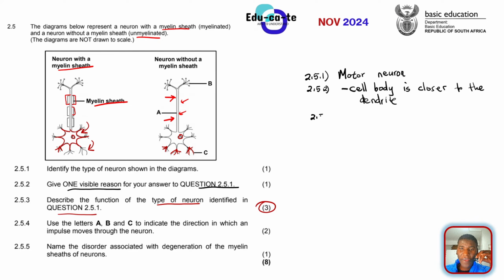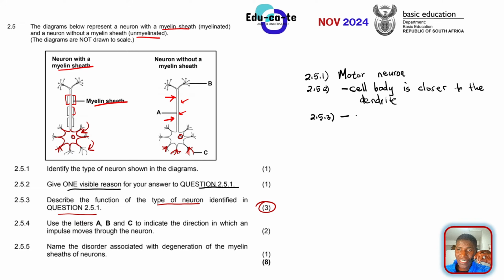So 2.5.3, to describe the function of the motor neuron, we start with the impulses. Basically, remember that the motor neuron receives impulses from the interneuron or from the connector neuron.